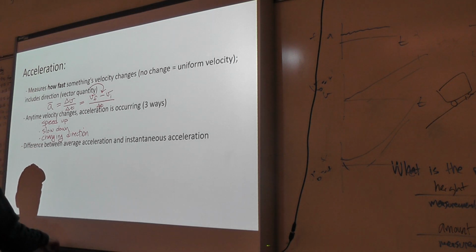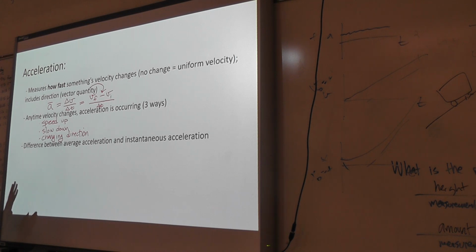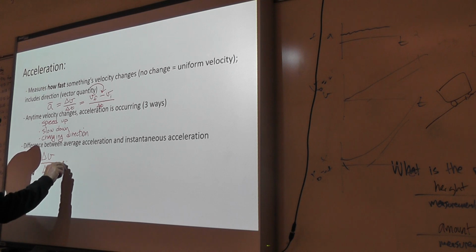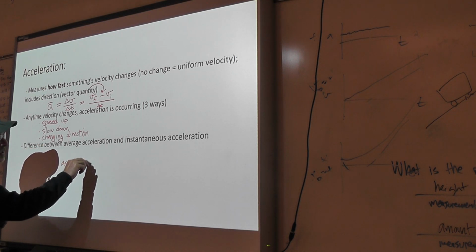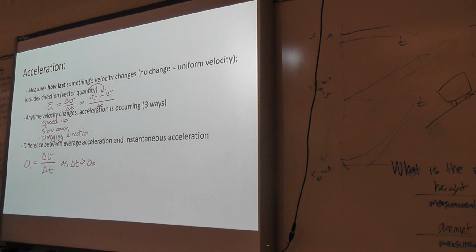Okay, and then the last thing that I want to talk about relates average acceleration to instantaneous acceleration. It's the same basic idea as instantaneous velocity, which is that if we start thinking about the rate of change of velocity as the amount of time over which that change occurs gets closer and closer to zero, then we're talking about instantaneous acceleration.